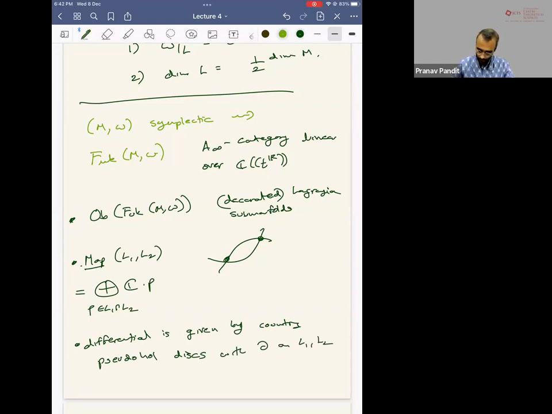So you count disks whose boundaries are on these things, and that gives the differential. If you want to calculate the differential, let's say P and Q are these two intersection points, you want to calculate d of P. It's going to be some sum of things, c_PQ times Q. Now the coefficient of Q in this list is given by counting these disks whose boundary lies on L1 and L2.